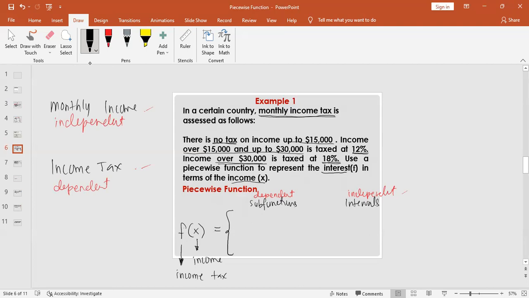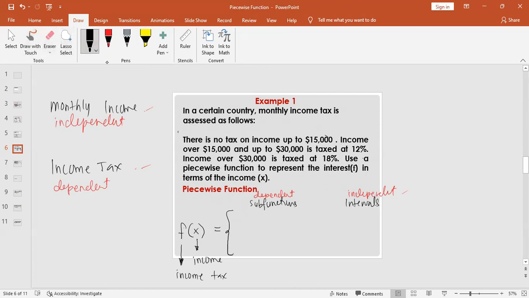Okay? So, there are 3. Okay? One condition for this, one condition for 12%, one condition for 8%. Okay? So, we will now start creating the piecewise function.